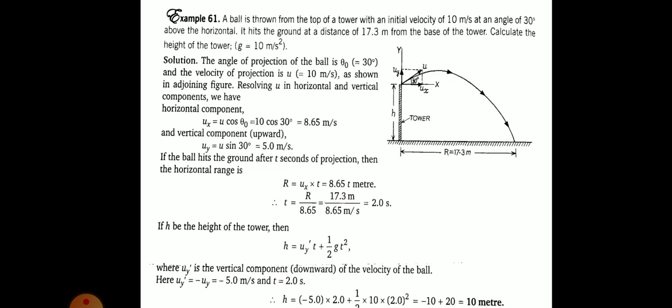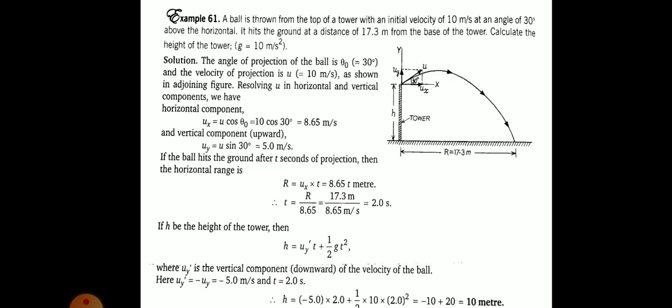Students, in this question, height of the tower is asked, but this height cannot be calculated by the formula of maximum height already we have derived, because point of projection and the point where the ball reaches the ground are in different planes.